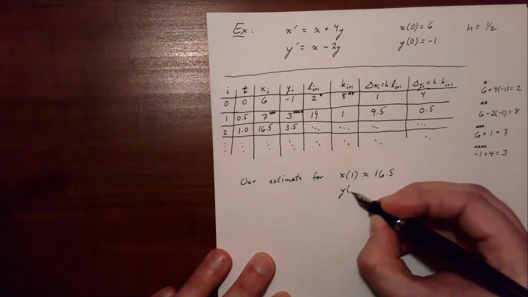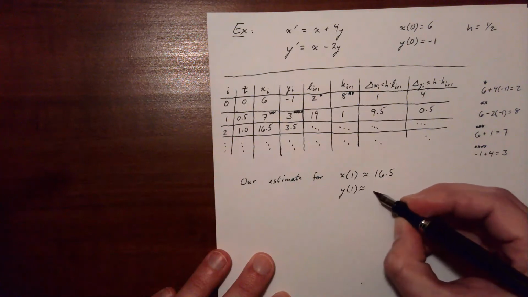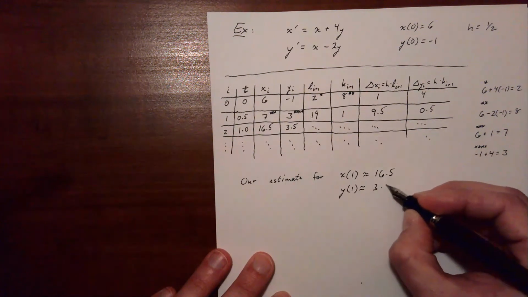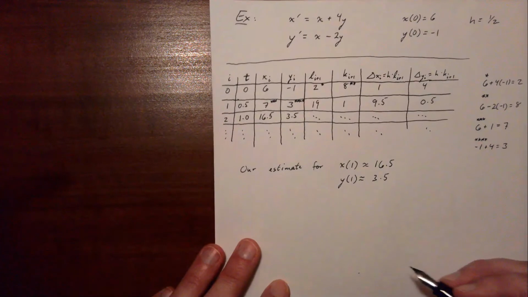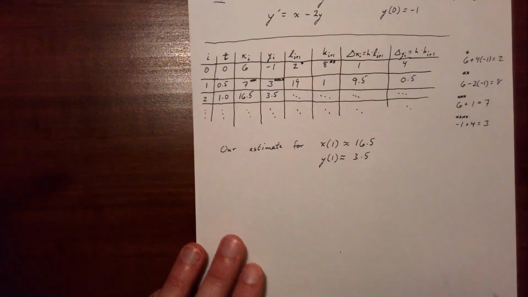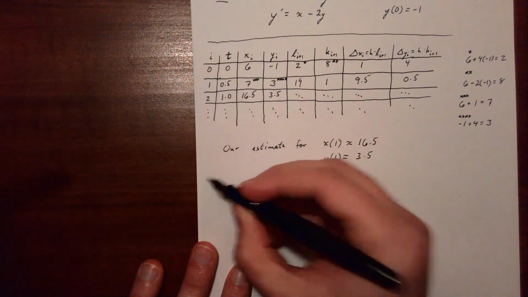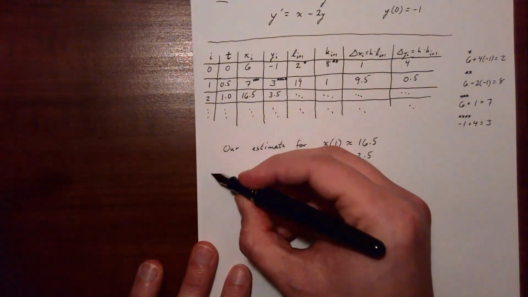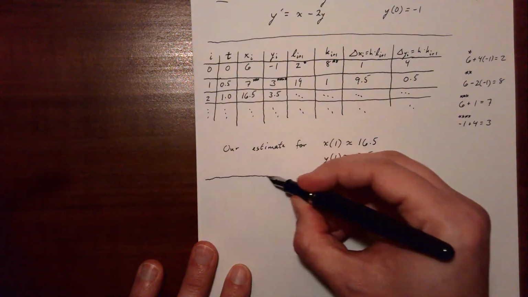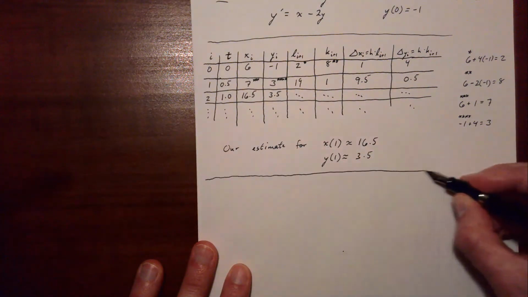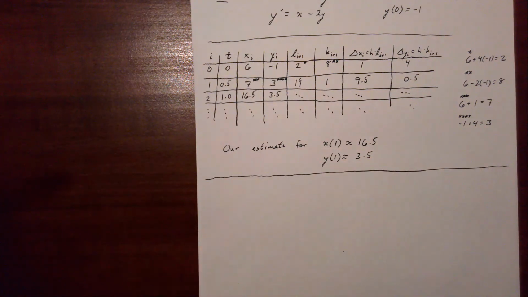For y of 1, it would be approximately 3.5. Okay, and we would repeat this, like I said, indefinitely. And if we wanted a better approximation, we could use a smaller step size or a more sophisticated method. But this is essentially what we are going to try to do by hand. We'll see how to do this by computer in a second.